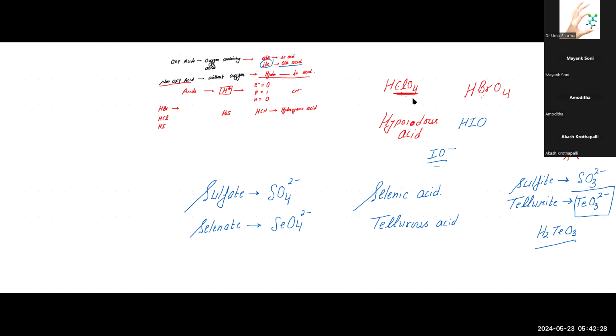Yes, Akash is asking what is a family. Who is going to answer his question? Please answer questions of each other. So I'm sharing the periodic table. What's the meaning of the family, children?